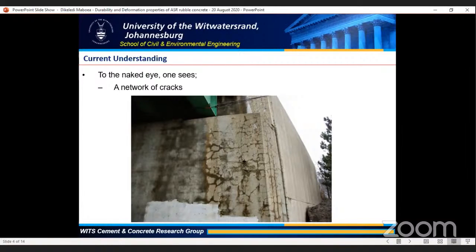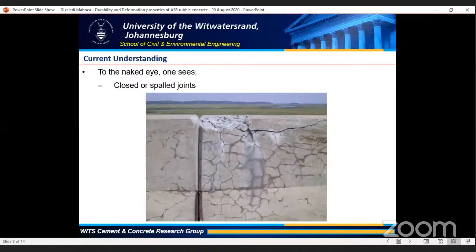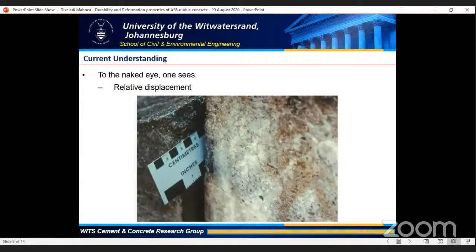So the next slide would be that you've got closed or spoiled joints. Then the next slide is if you have relative displacement, where because of the gel, some parts of some concrete will displace some of the other material, so causing differences in displacement. Next slide.